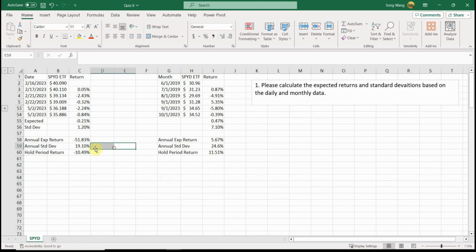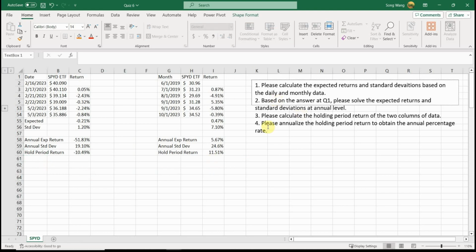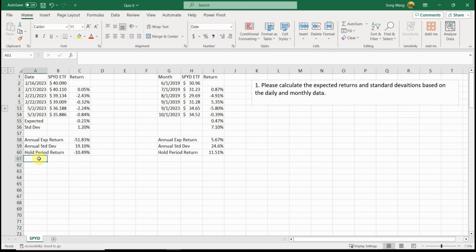The last question here is to analyze the holding period return to obtain the annual percentage rate. So we're still getting the expected annual return, but this time it's based on the holding period return, using the geometric method.